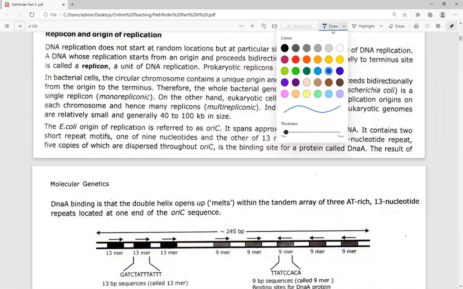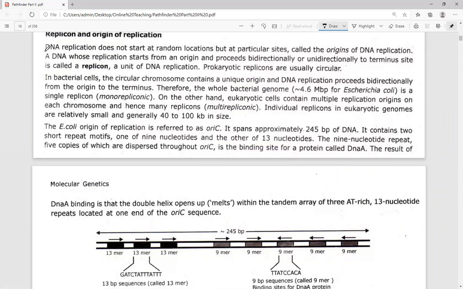It always takes place at a specific location within the genome, and this location is referred to as the origin of DNA replication. There are clearly marked areas within the genomic DNA where replication starts, and those areas are referred to as origins of DNA replication.